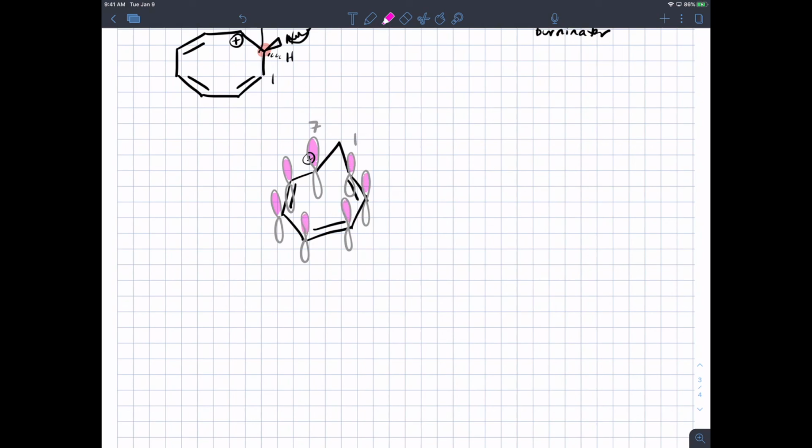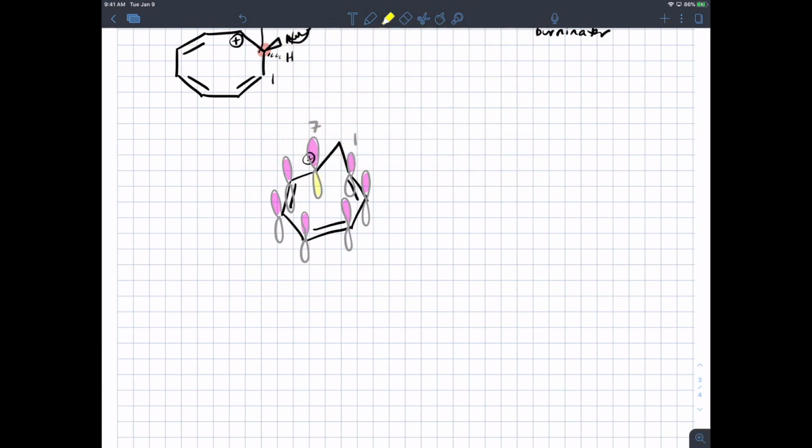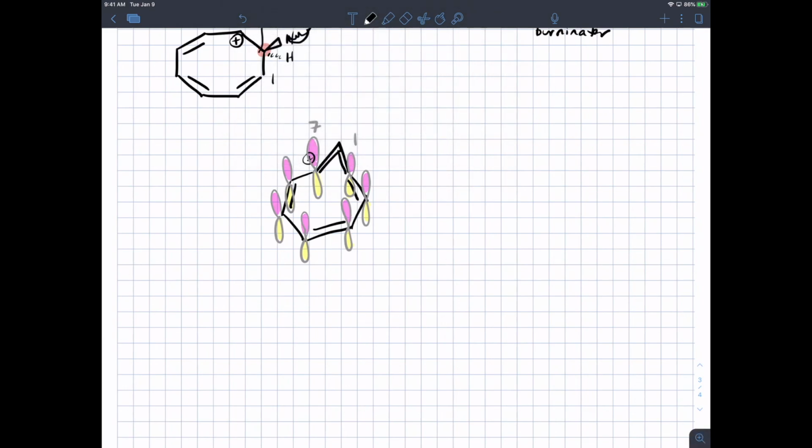In other words, they observed that this cation is more stable than you would expect, even for a resonance stabilized cation. There's a little bit of extra aromatic stabilization. It's probably not a huge amount, but it was enough to convince reviewers at some point.